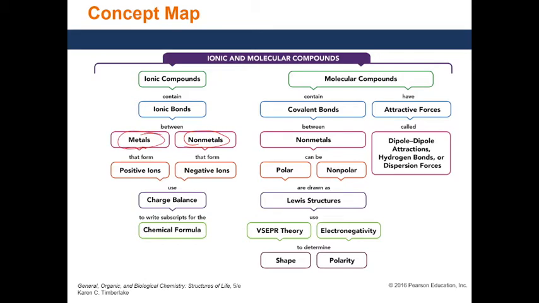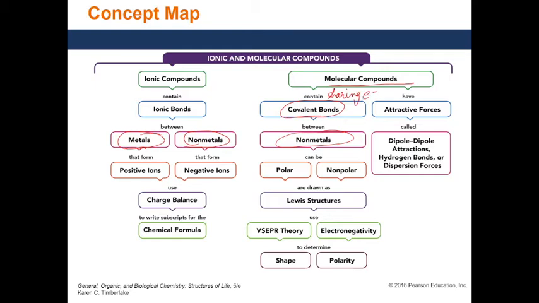Whereas in the case of molecular compounds, they always consist of non-metals. So basically two non-metals or more than two non-metals interact with each other to form molecular compounds. The type of bond that these compounds usually consist of is called a covalent bond, which is formed by sharing of electrons.